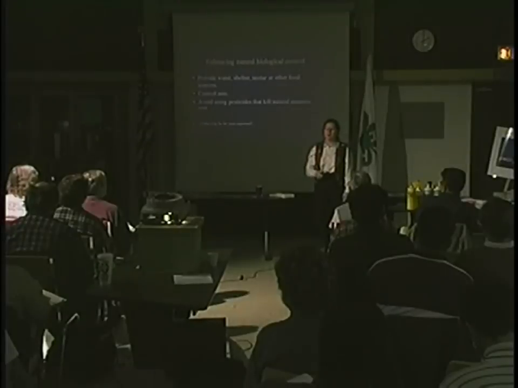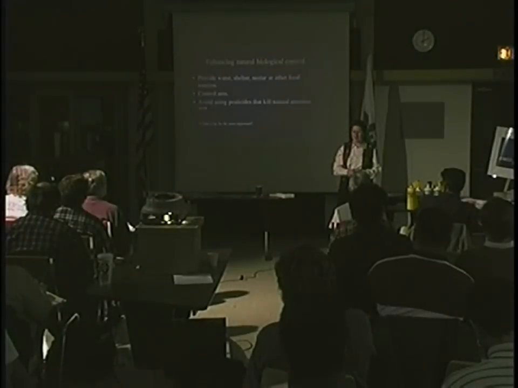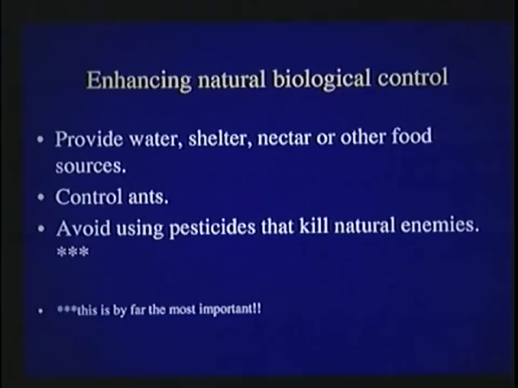And that's the end of the story. So try managing ants. Don't let ants go up in the tree and tend the aphids or the soft scales. So ant management is really important in increasing biological control of these honeydew-producing insects.